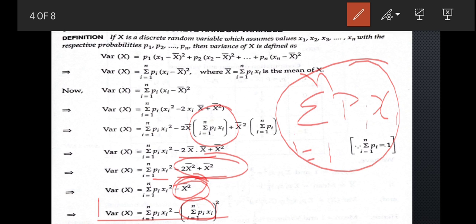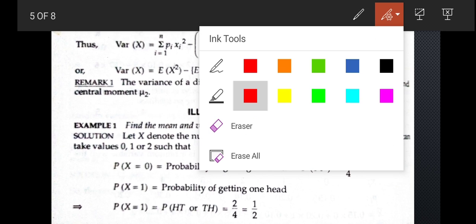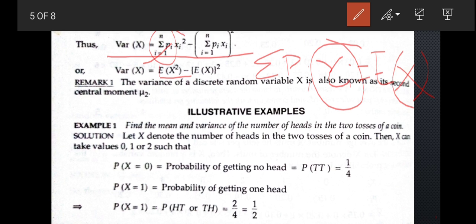So this is the formula, but we can express it with the help of another function, as I am showing in the next slide. So variance is this. In place of this we can write E of x square, because the mean, summation pi xi, we can represent with E of x. Here x was there, so we wrote E x.